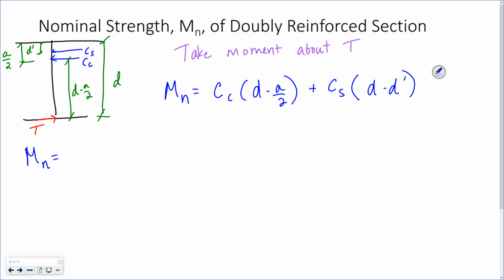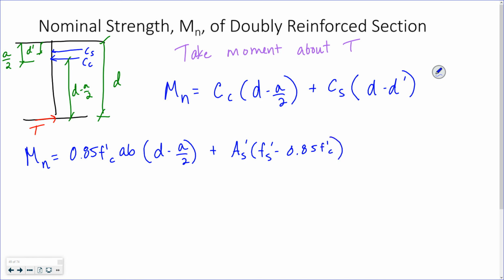Mn is equal to C sub C, which is 0.85 f'c a b, times d minus a over 2, plus C sub S, which is A's f's' minus that 0.85 f'c, times d minus d'.